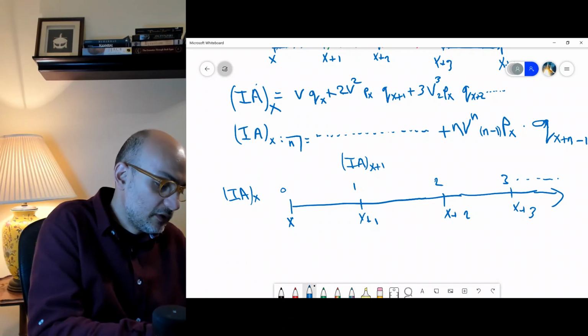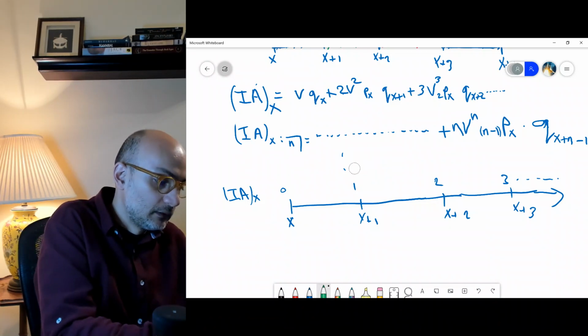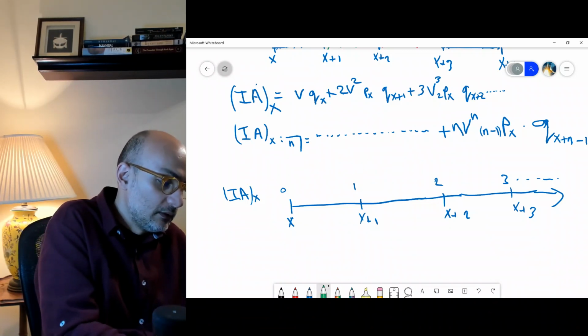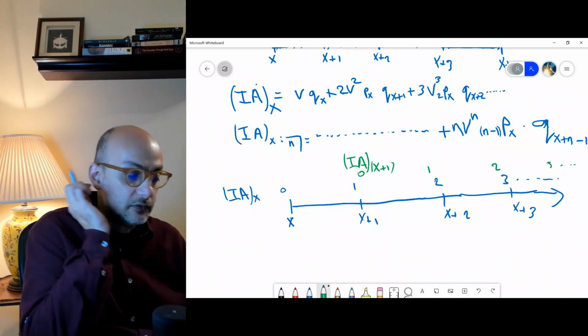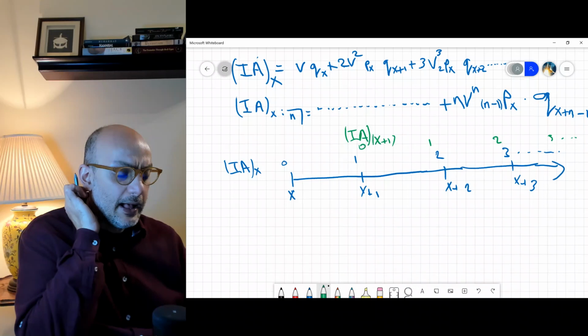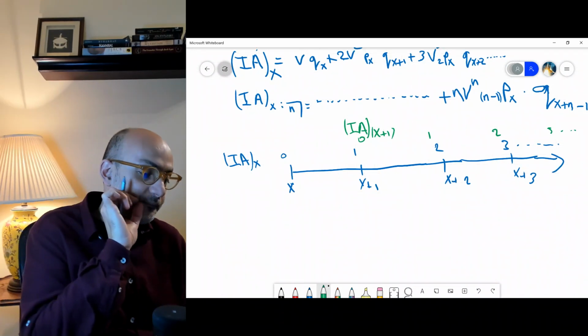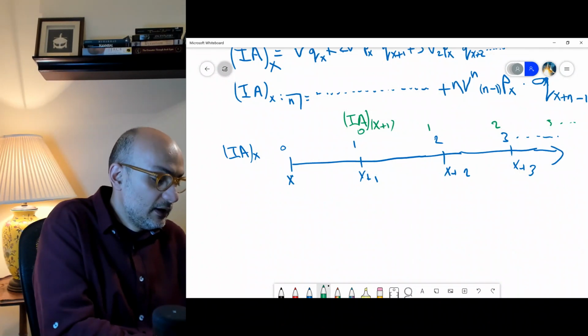Let me use a different color here. Now let's say IA at x plus 1. It will give you 0 here, 1, 2, and then 3 here, and so on and so forth. How can we relate them to each other?